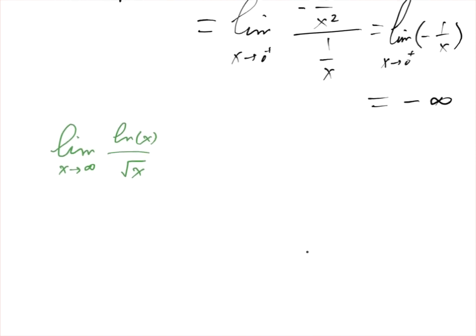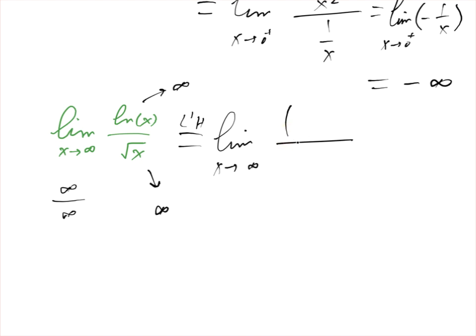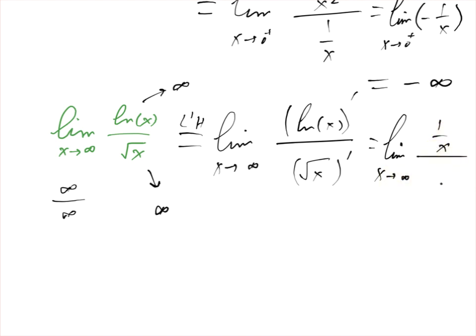Here's another example. This too as x goes to infinity is infinity over infinity, and by L'Hopital's rule, it's the limit as x tends to infinity of the derivative of the numerator, the derivative of ln of x, divided by the derivative of the denominator, which is equal to the limit of 1 over x over 1 over 2 square root of x.